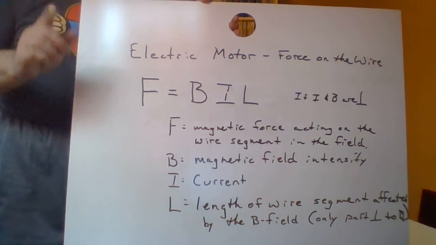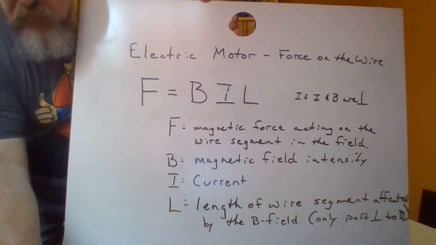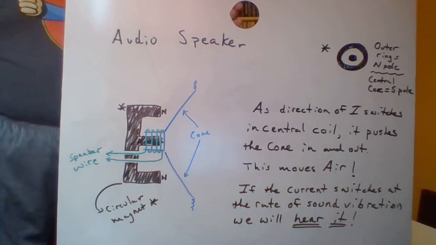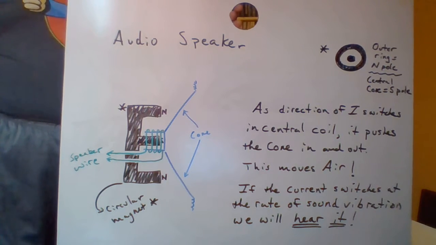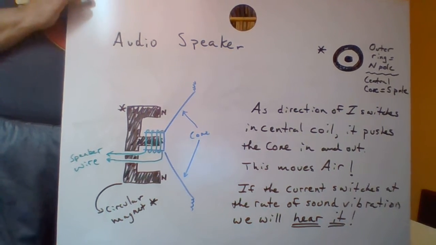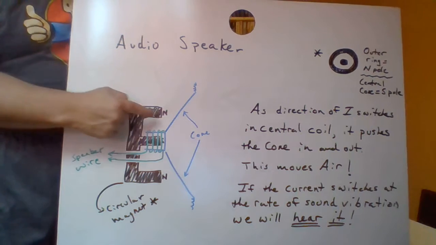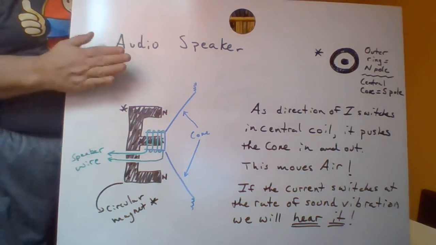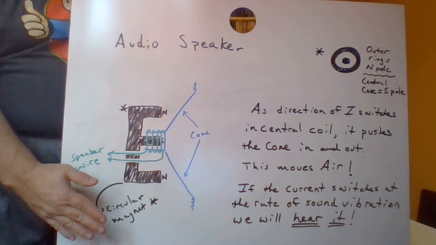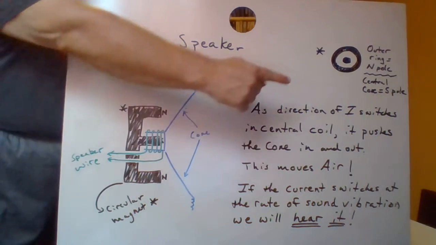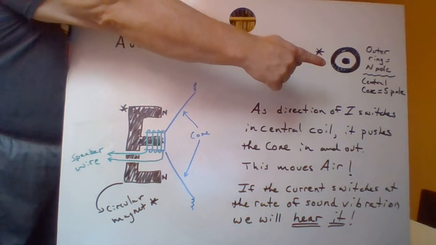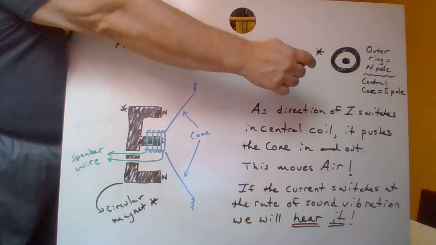Some other applications of this principle. Here we have a representation of an audio speaker. At the back of the speaker is this thing which, if you cut it in half, would look like an E, because that's what it looks like from the front view.